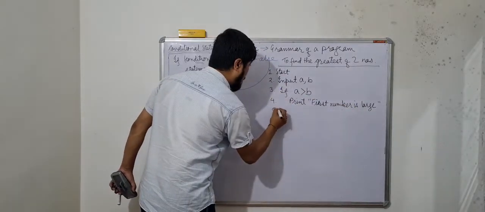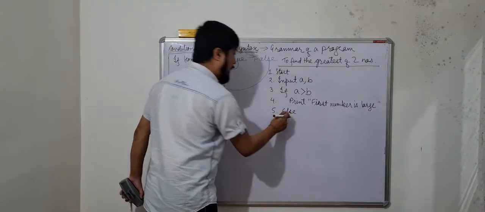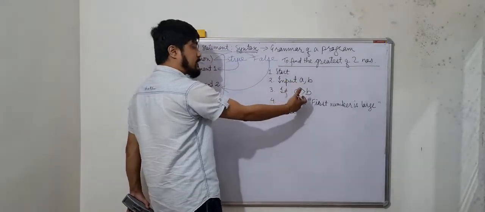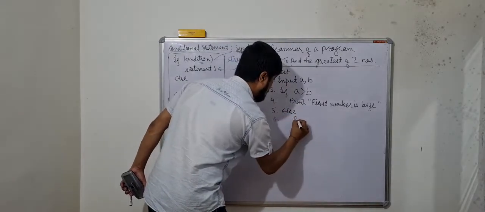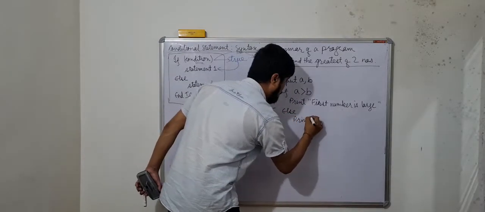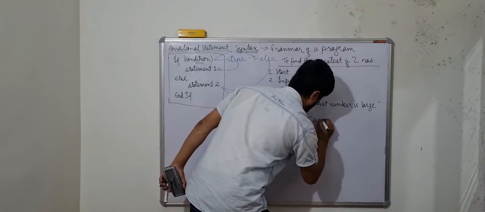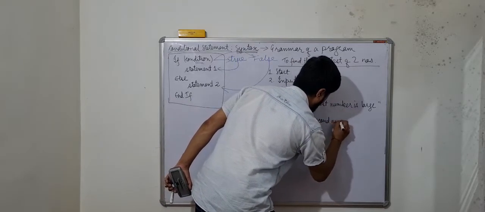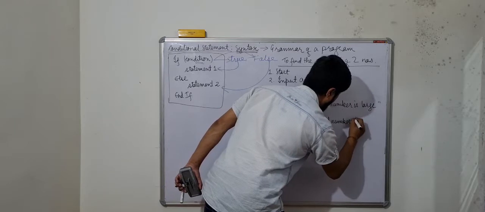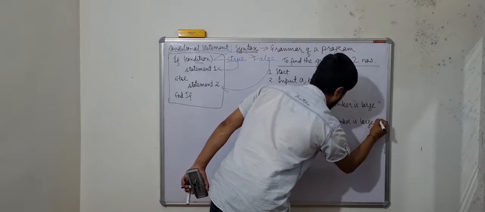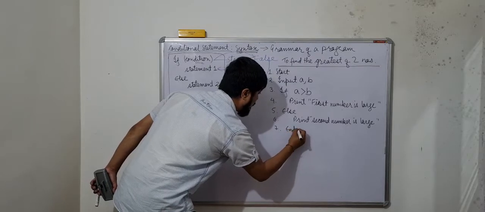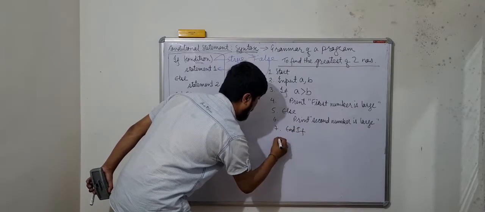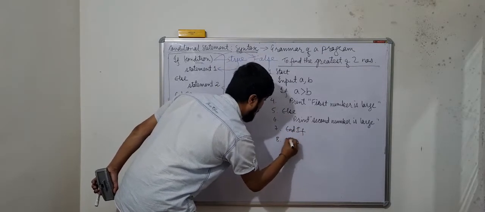Step 5, else. In the else part we don't have to give any checking. Print "second number is large". And after that, step 7, end if, and step 8, stop.